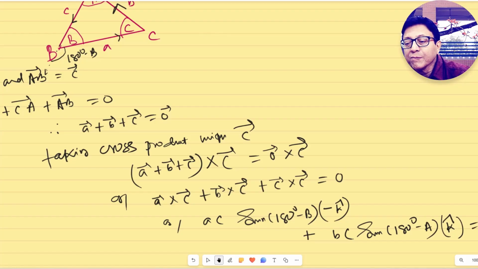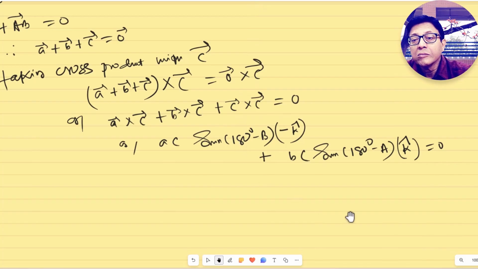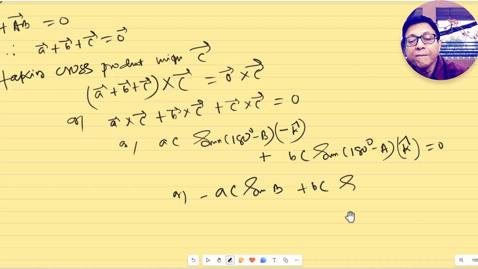This plus B cross C. B cross C is what? B's direction is this way and C's direction is this way. The angle between them is 180 minus A. So that is going to be BC sine 180 minus A, and this is going to be K vector.